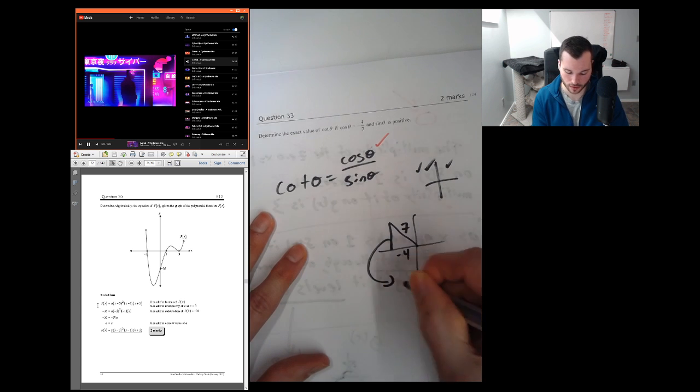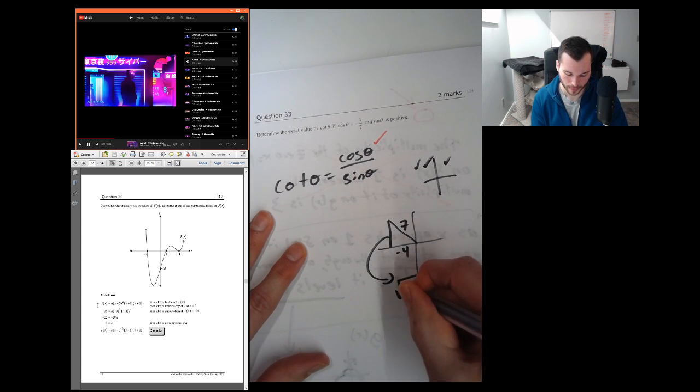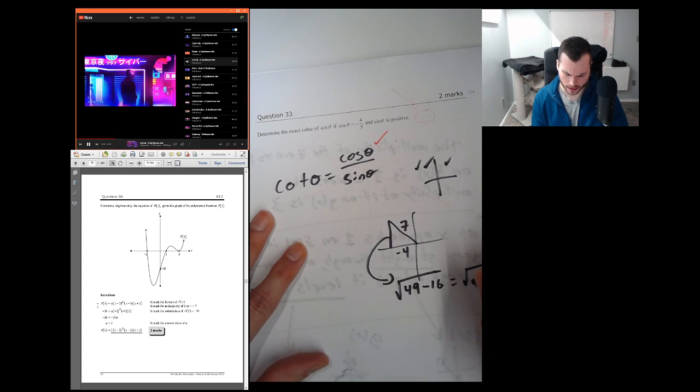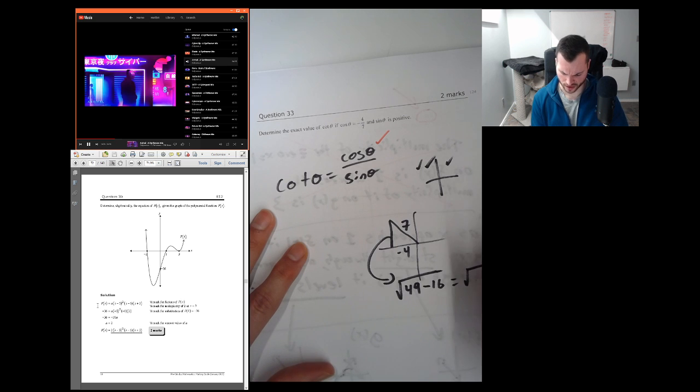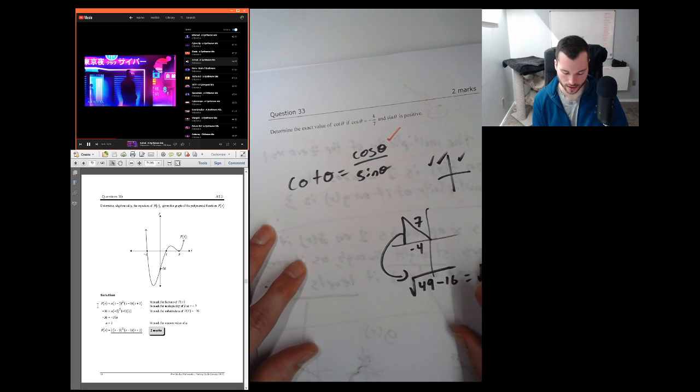So this one is square root of 49 minus 16. 49 minus 16. 35? 33. Right? Yep, 33. Gotta leave it like that. Can't do anything more than that.